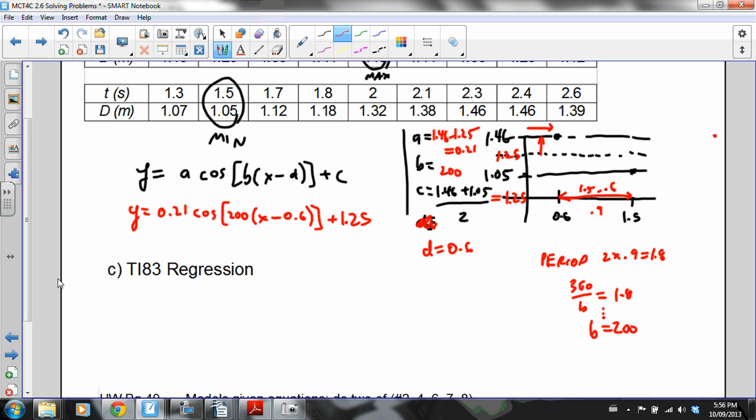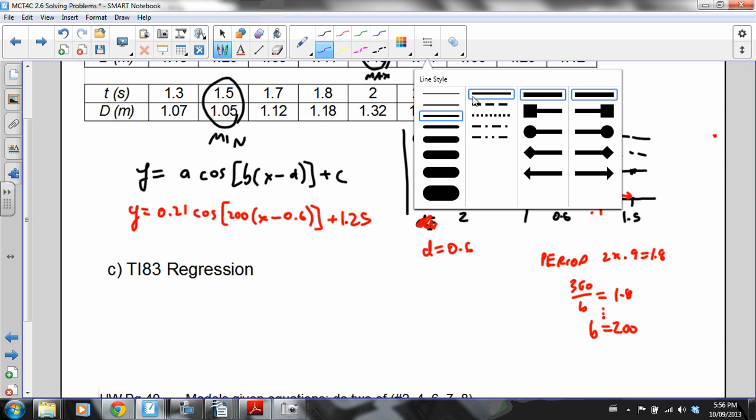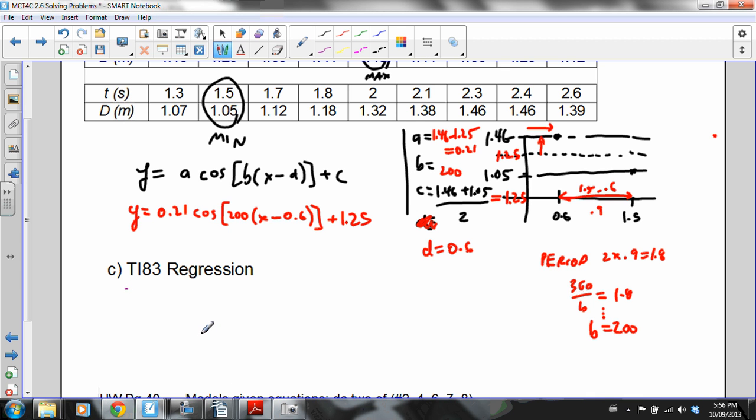Now the last video that I did on YouTube about this lab showed how to do regression. And regression, essentially, you put all the values into the table, and then you use the calculator, and you go stat, over to calc, and then you scroll down and choose sine reg, and then it clicks away like it showed in the video, and it came up with this equation.